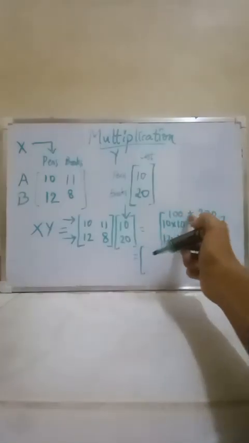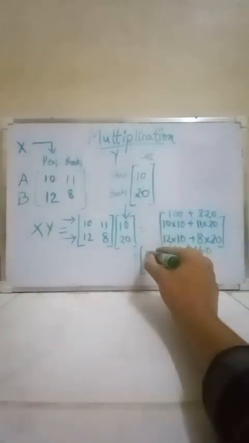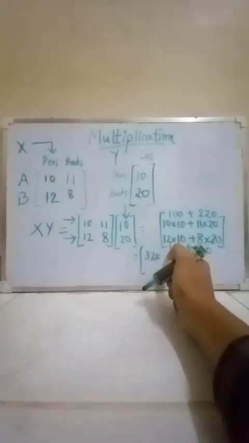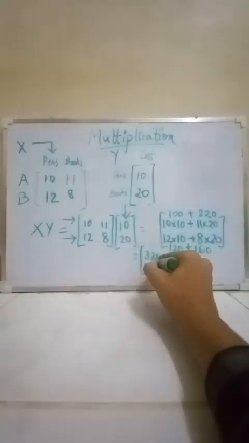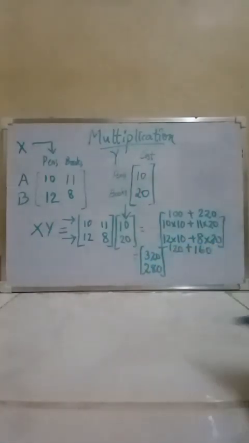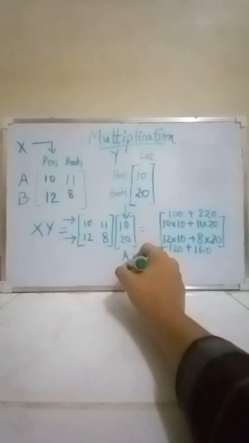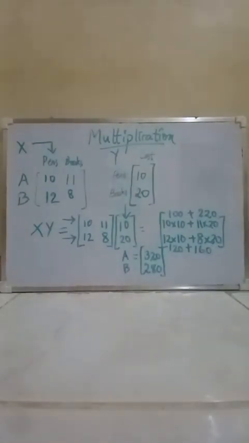Now we just add these. 100 plus 220 would be 320, and 120 plus 160 would be 280. So this is the final cost of the products bought by the two persons, A and B. A had to pay 320 rupees, whereas B had to pay 280 rupees.